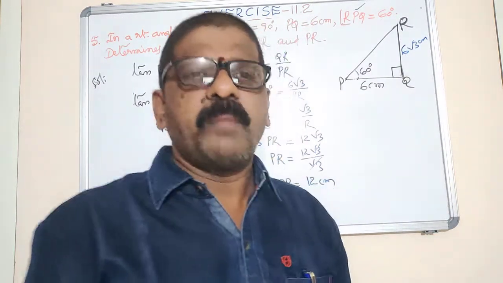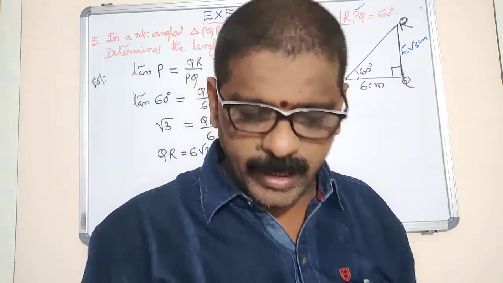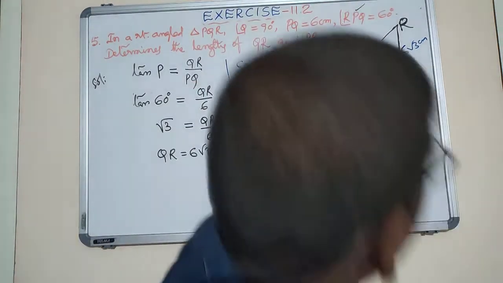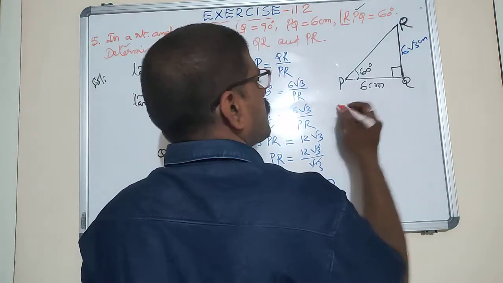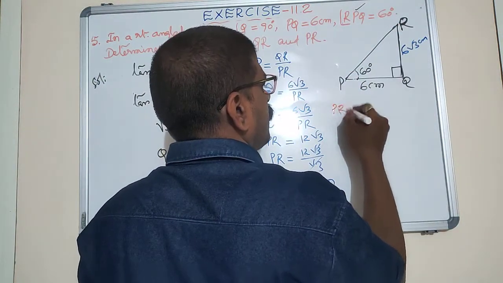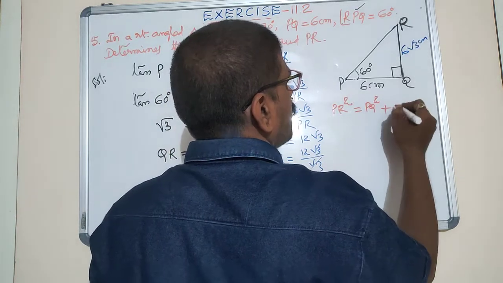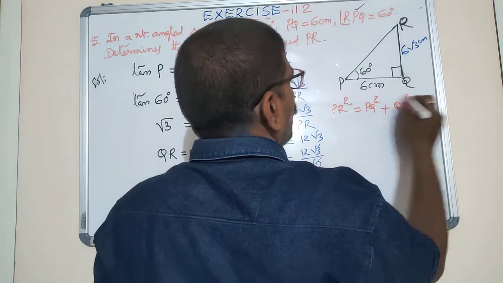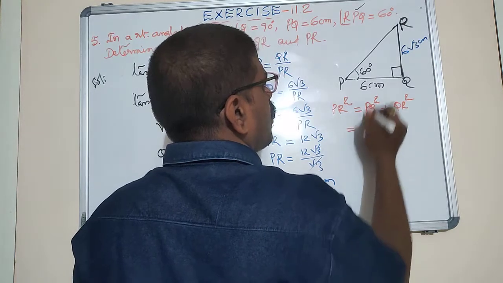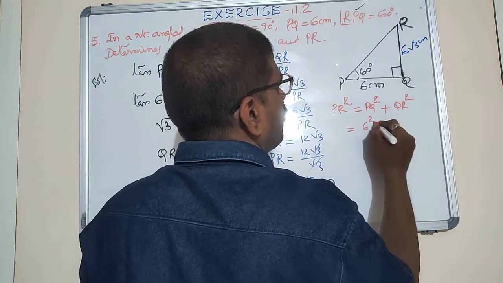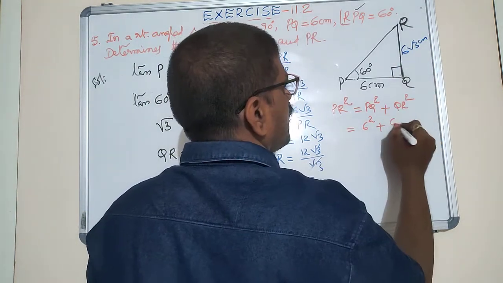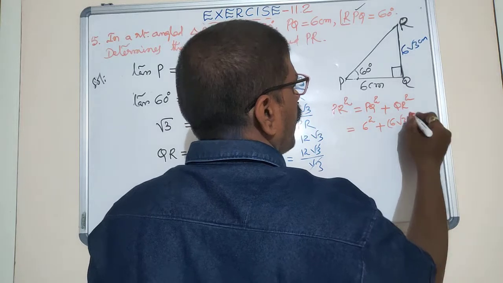Or we can use the Pythagorean theorem. According to the Pythagorean theorem, PR square equals PQ square plus QR square. PQ is 6, so 6 square plus QR is 6 root 3 whole square. Clear?